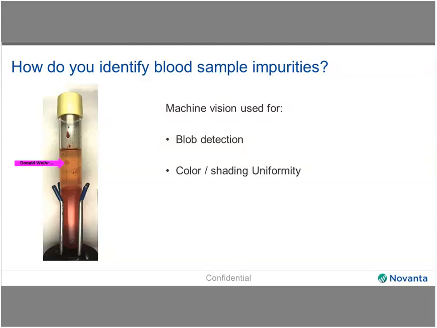The image processing is applied to highlight non-uniform color or non-uniform shading areas in the area of interest. In this case, we're mostly interested in defects within the serum area. The assessment of this clarity is based on image pre-processing and by the blob detection methodology.